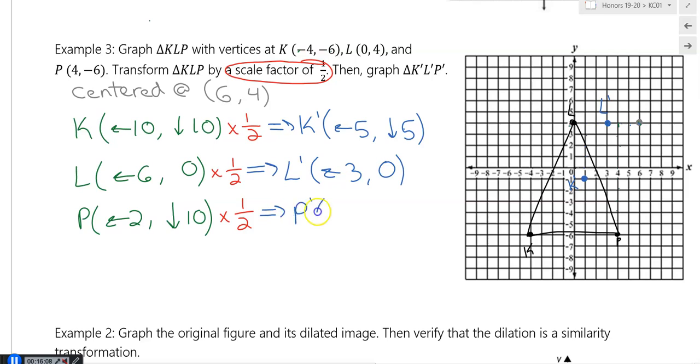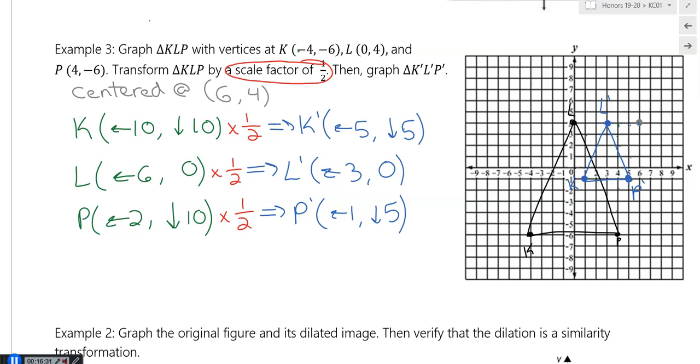So our new P prime is going to be left 1, down 5. Starting here, I'm going to go left 1, and then 1, 2, 3, 4, 5. And there is our lovely new shape.